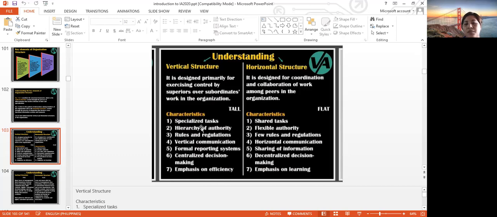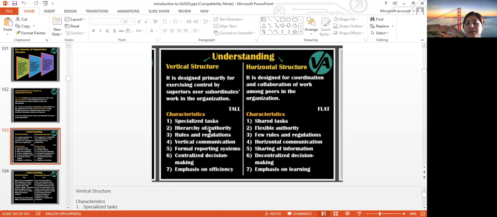When we say specialized task, a particular individual has a particular task to accomplish. If he's just in marketing, then he should just be in marketing. He's not allowed to go to other departments, for example, the processing department.